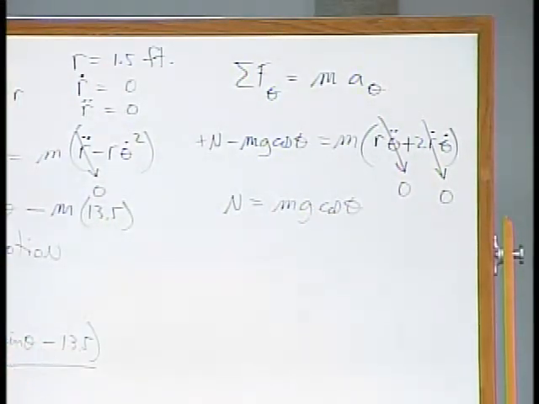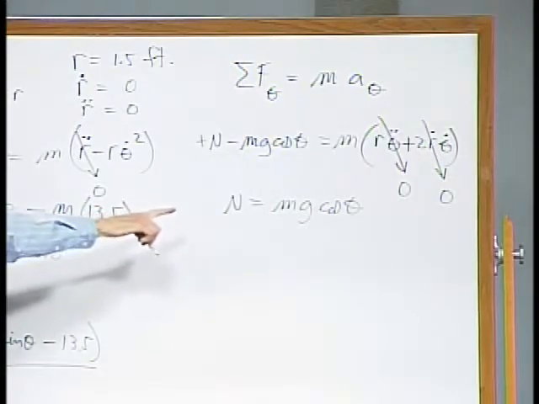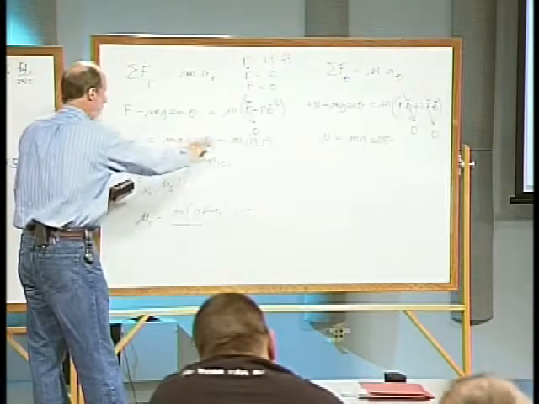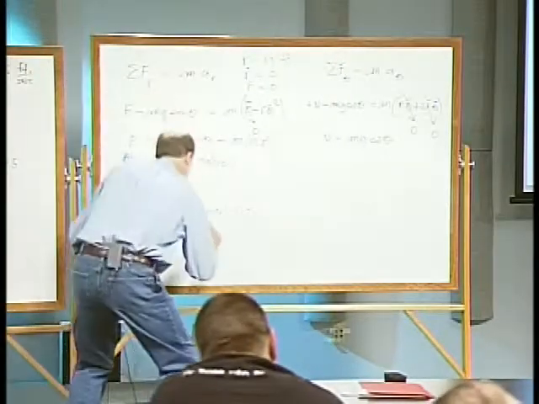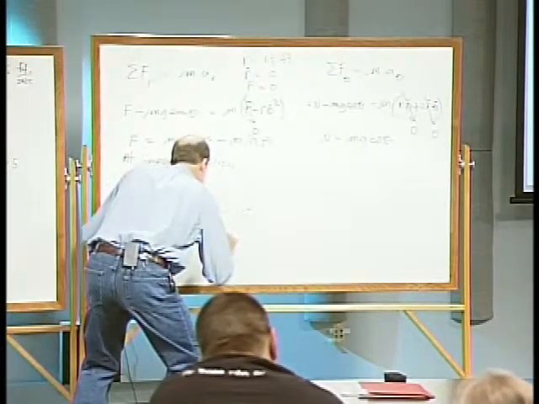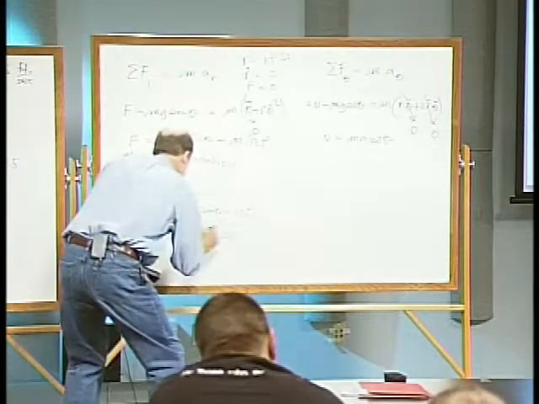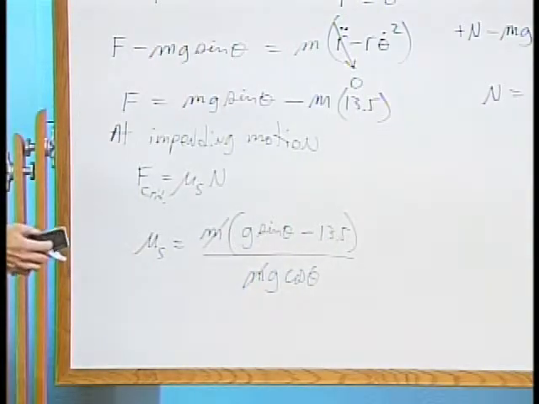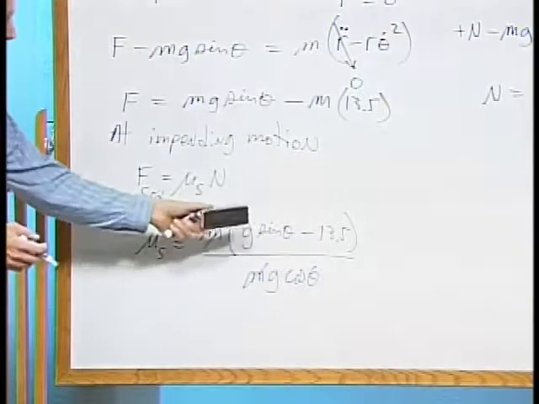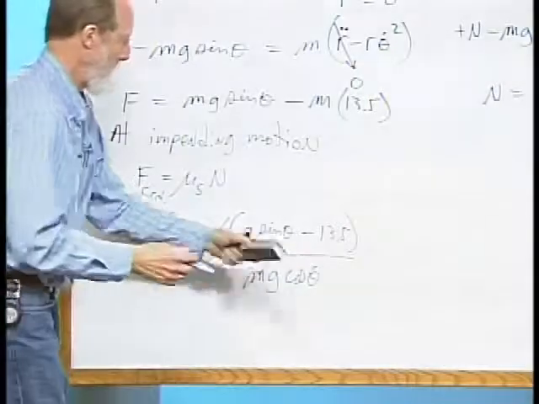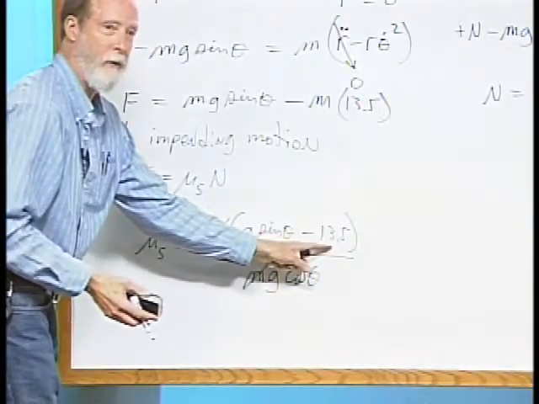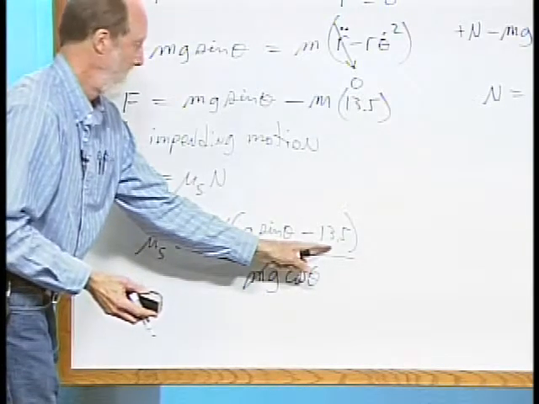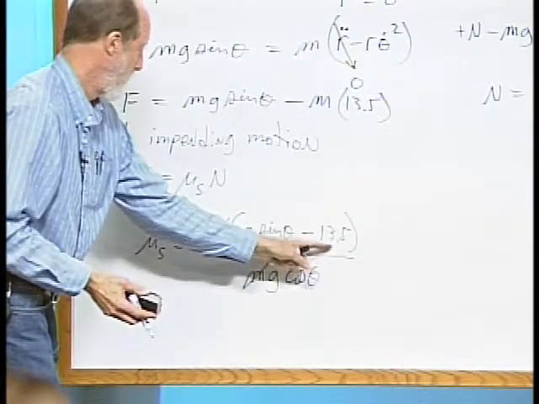mg cosine theta, and that mg cosine theta term then drops in when we equate this critical friction force with these terms, and it drops into the denominator. And notice the masses now disappear. There's a generalized expression given the theta dot value and the 1.5 feet in the problem.